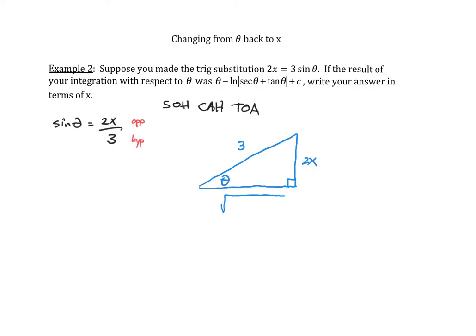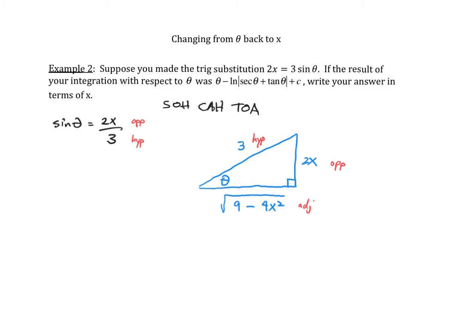That should be the hypotenuse squared, which is 3 squared, which is 9, minus the opposite side squared, which is 2x squared, which would give us 4x squared. So just to be perfectly clear, the opposite side is 2x, the hypotenuse is 3, and the adjacent side of our triangle is the square root of 9 minus 4x squared.